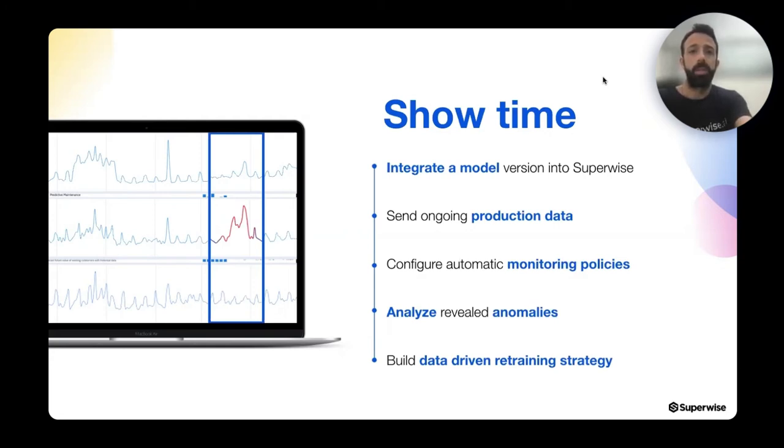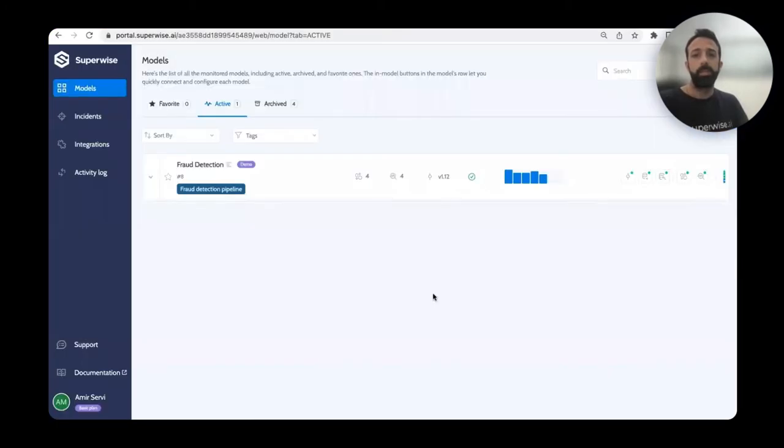Second, I'm moving to the platform. Cool. So this is our observability platform, where all the integrated production models and their versions are listed for you, to have a bird's eye view of your production pipeline health status.